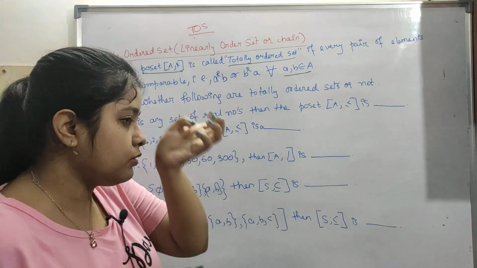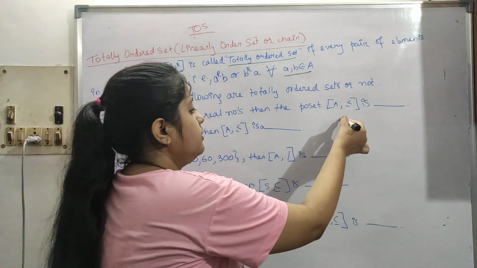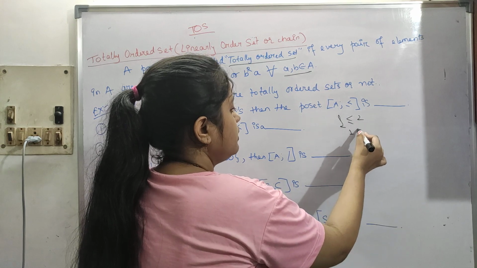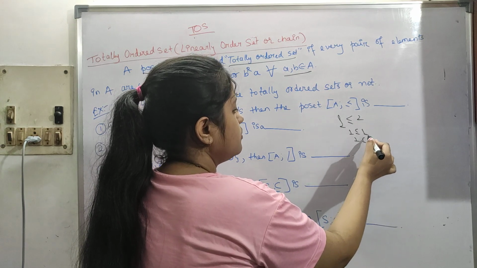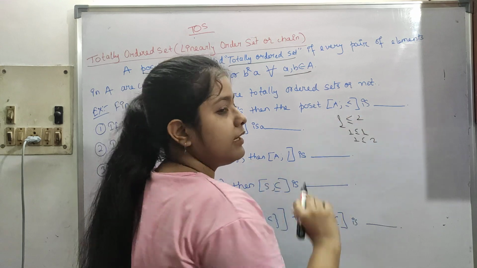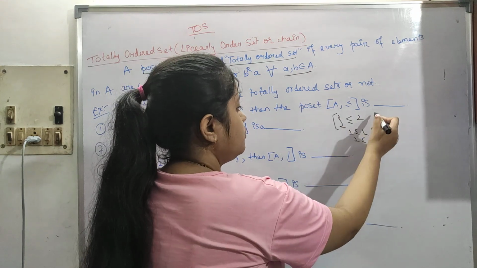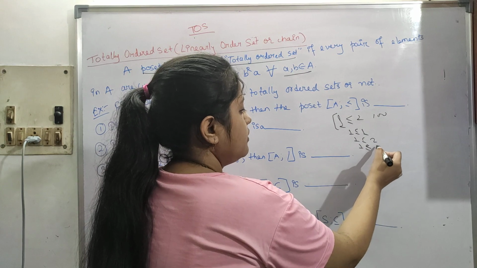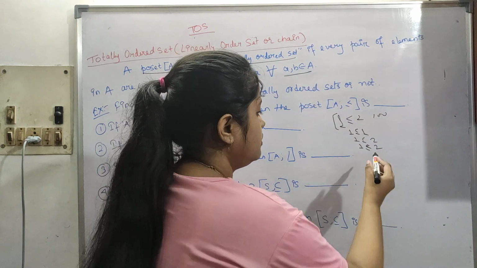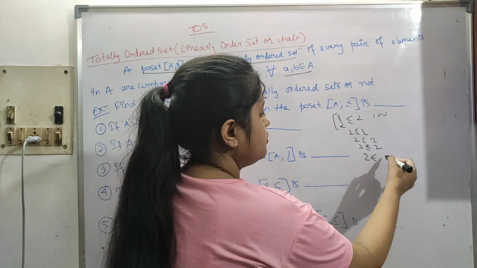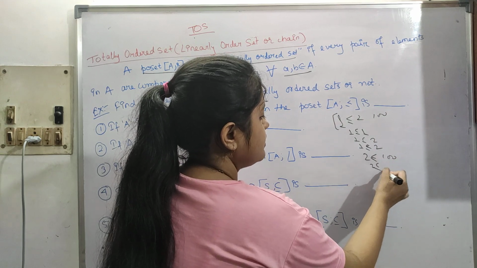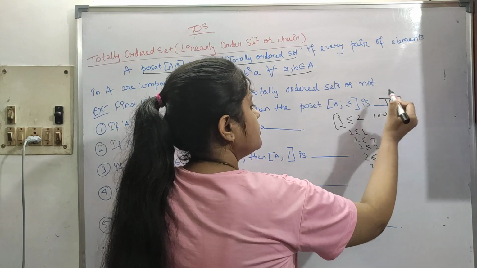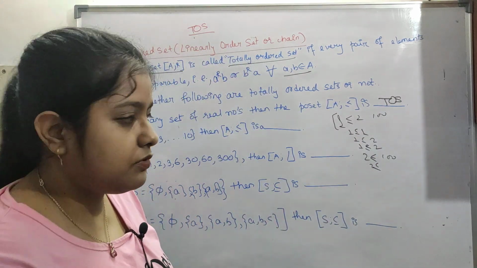Everything is comparable. Say we take 1 to 100. 1 is less than everything, and if 2 is taken, 2 is less than 100, and like this everything is comparable. So this is a TOS. Let's take some more examples, then it will be clearer.